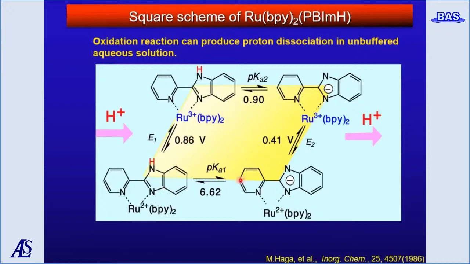At the ruthenium(II) oxidation state, the pKa for proton dissociation is 6.62, but once oxidized to the ruthenium(III) state, the pKa became 0.90, which is dramatically lowered and more acidic. The ruthenium(II/III) oxidation potential is shifted from 0.86 volt to 0.41 volt after the deprotonation.